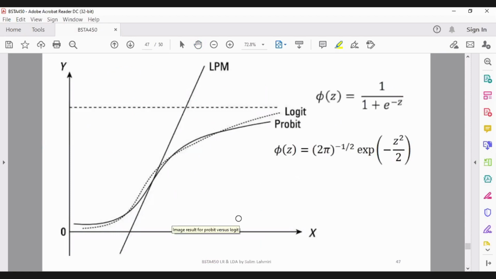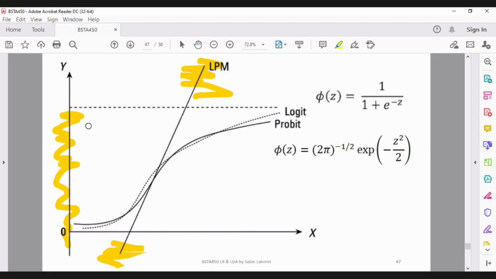So let's do a recapitulation regarding the linear probability model. If you use a linear probability model, the corresponding probability of y will be somewhere below 0 or above 1, which is not good. But if you use logit or probit models, the probability will always be between 0 and 1.